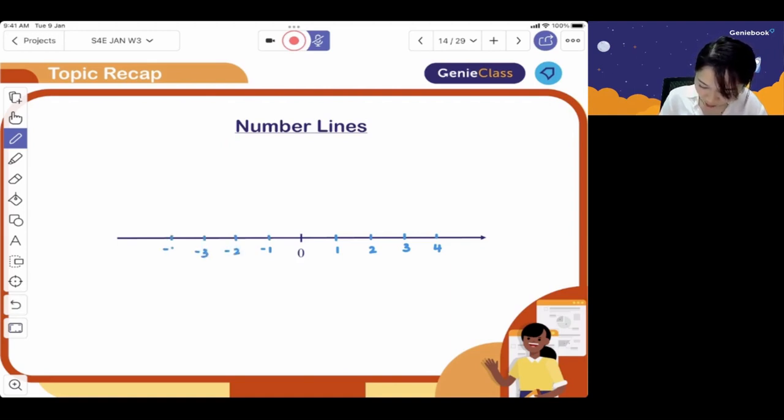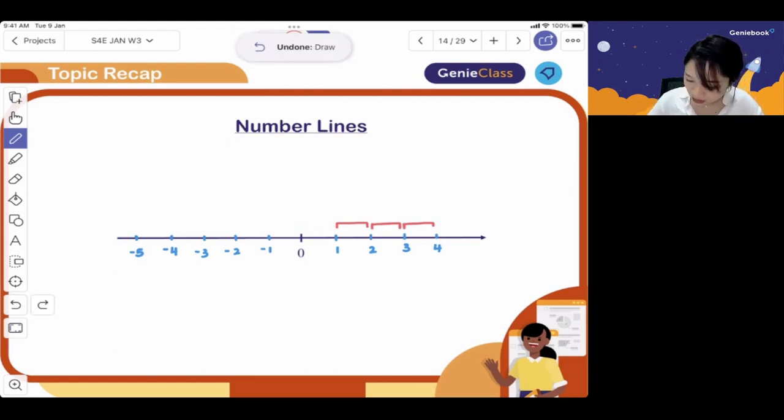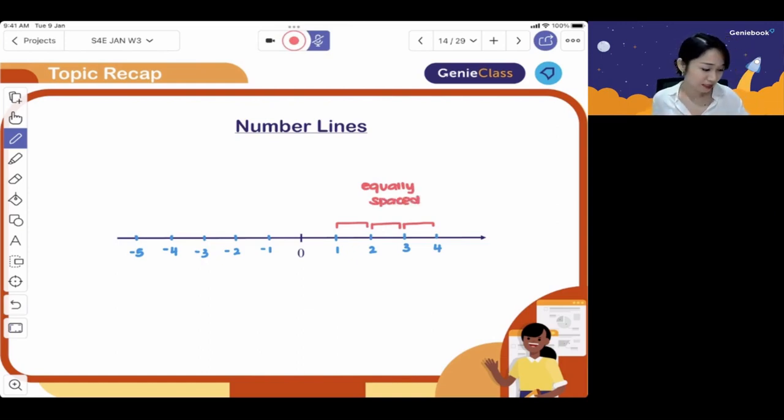I hope everyone remembers this. Something like your x and y axis, right? And another key point when we are drawing a number line is that the spacing between our values always has to be equally spaced. I'm doing this freehand, so of course it's not properly done.